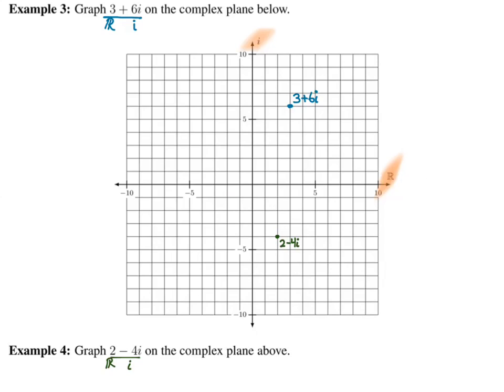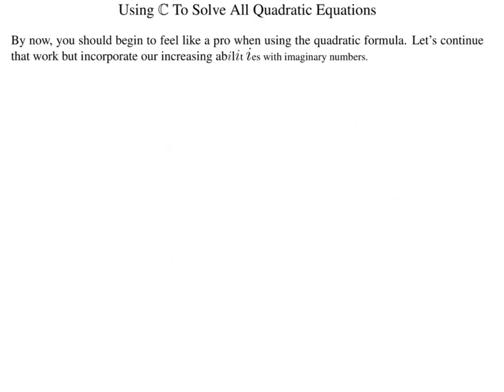Last bit, and this is the real work, is solving quadratic equations, because now we have our increased abilities. You might see what I did with the i's there, with imaginary numbers. So, for example, we have x squared plus 2x plus 2 equals 0. Quadratic formula time.